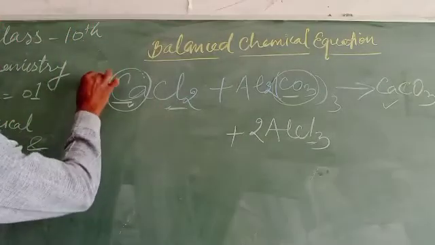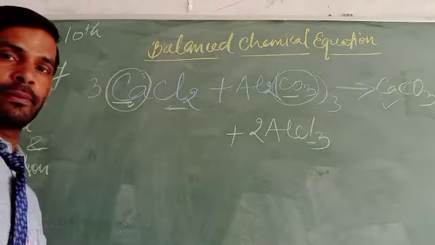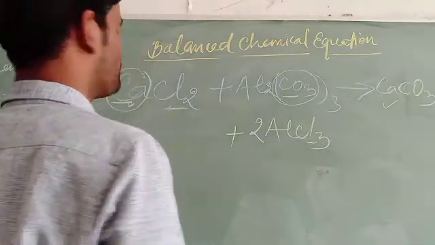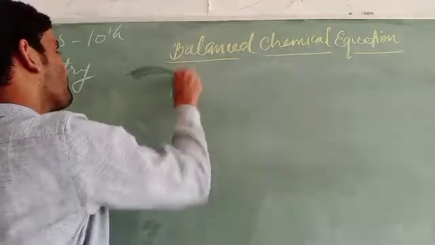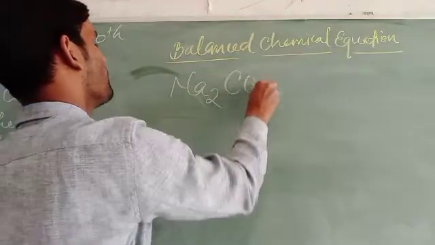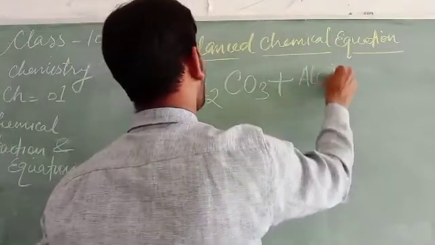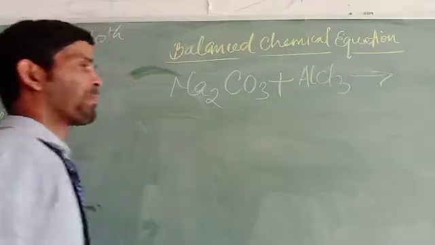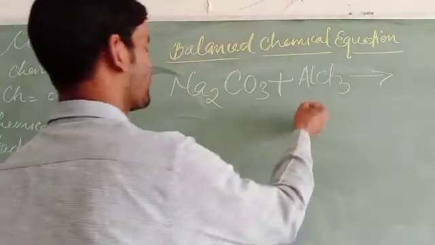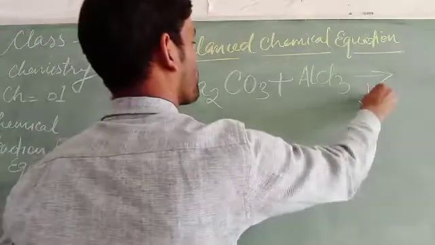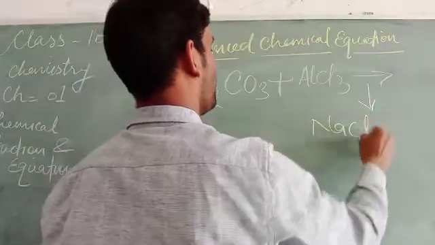So here we have to write 3Cl2, and here we have to write Na2CO3 plus AlCl3. And what will be the product? We can write the product here as well. NaCl. So we have to write down NaCl.